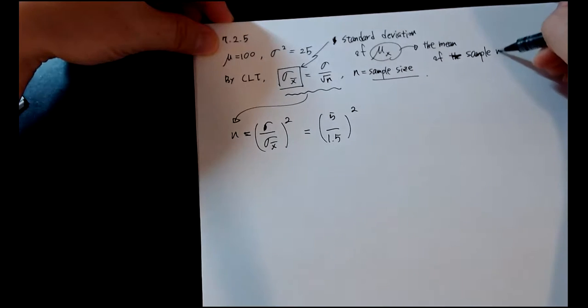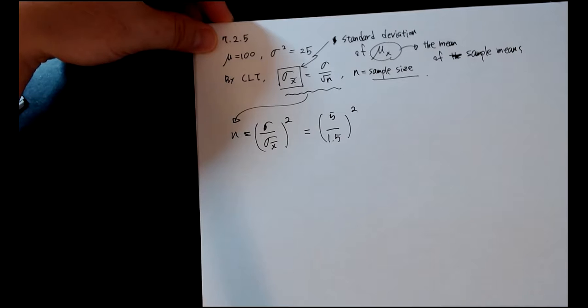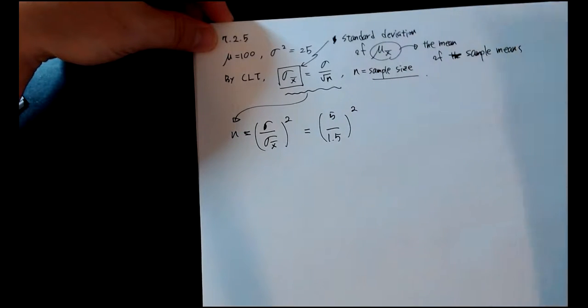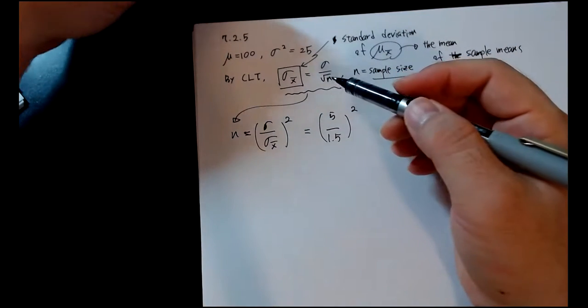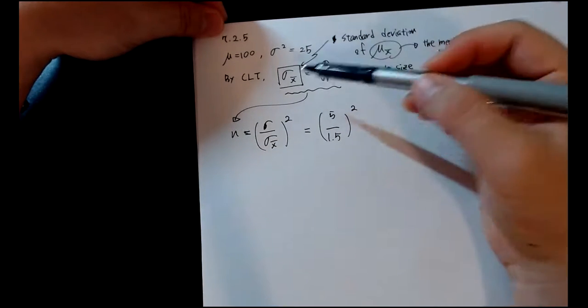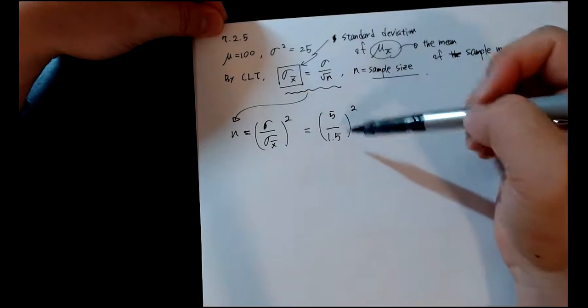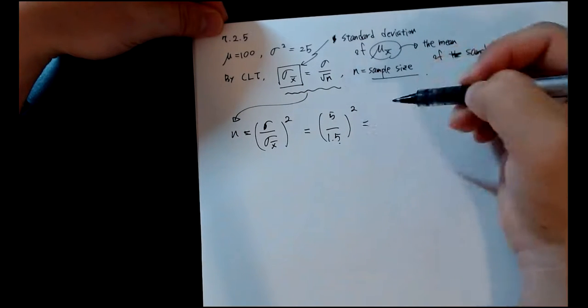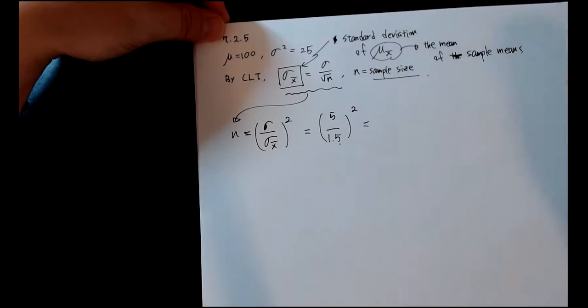The problem says the standard error of the sample average is the standard deviation of the sample mean, so sigma x bar is at most 1.5. I plug 1.5 into sigma x bar, and we get this. Now just calculate it. It's not a big deal to calculate this one, right? So let me move to the next problem.